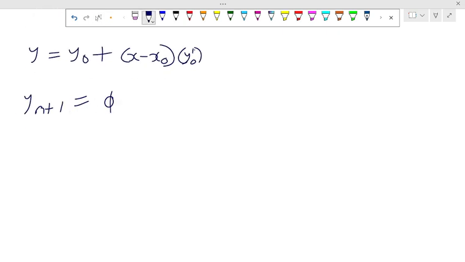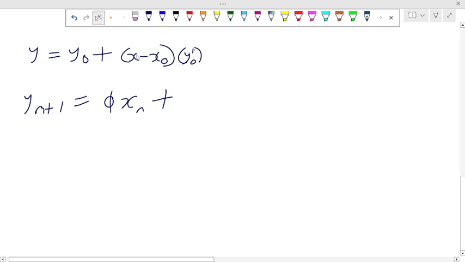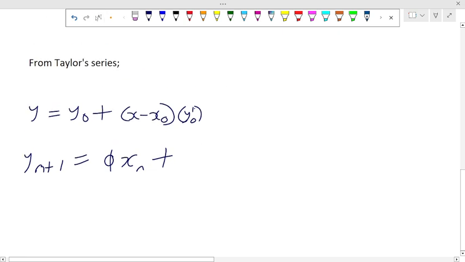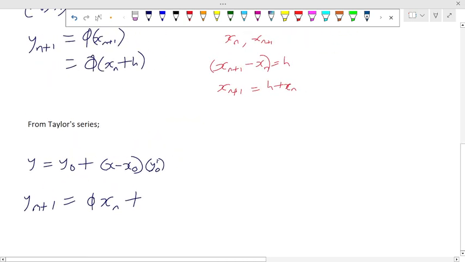Remember, we said let this be the solution of y, plus this thing we have here, x minus x0, this is the present x term minus the previous x term. Now that simply matches with what we have here.